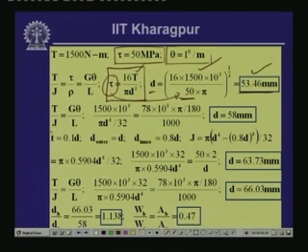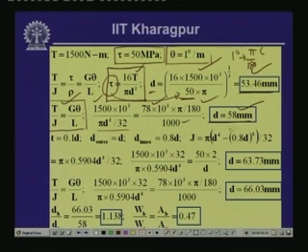So, if we consider 1 meter length of this shaft, then T by J is equal to G theta by L. T again is 1500 into 10 to the power 3 Newton millimeter, J is pi D to the power 4 by 32, G is given as 78 gigapascal, so converted into megapascal it is 78 into 10 to the power 3, into theta, where theta is 1 degree, so 1 degree is pi by 180 radian. This is what is used over here, divided by 1000 which is L, and this gives us a value of D equal to 58 millimeter.